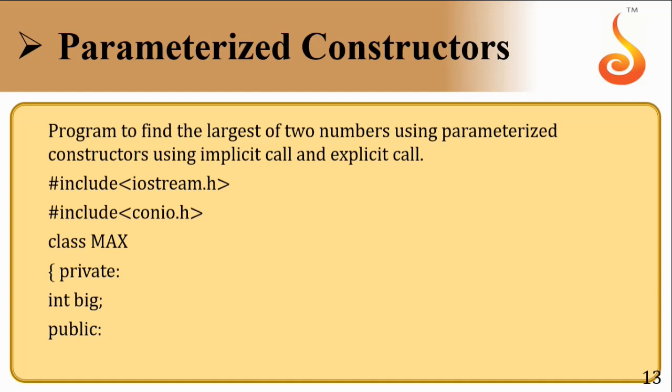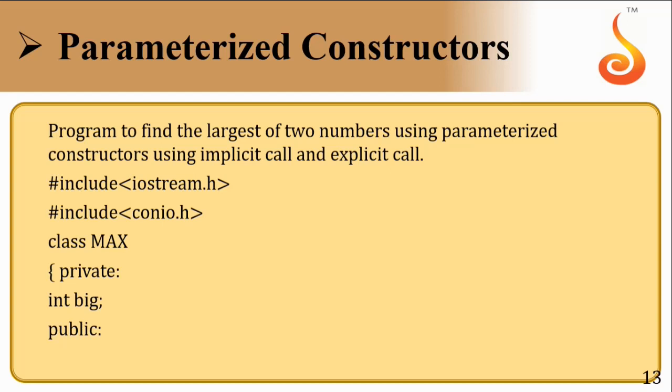It is finding the larger of two numbers. You're passing two numbers, you need to find which one is the larger number and print it. That is a program to find the largest of two numbers using parameterized constructors with implicit call and explicit call.